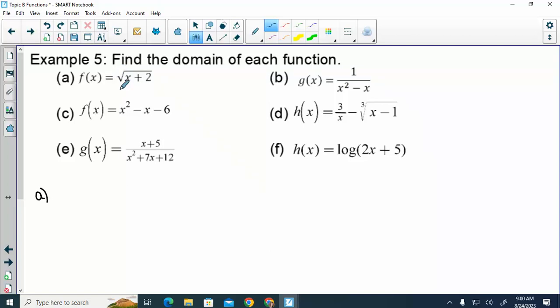The radicand, the thing under the radical, which is just x plus 2, has to be greater than or equal to 0, so that tells me x has to be greater than or equal to -2. So my domain, what can x be? Bracket on the -2, parenthesis on the infinity.